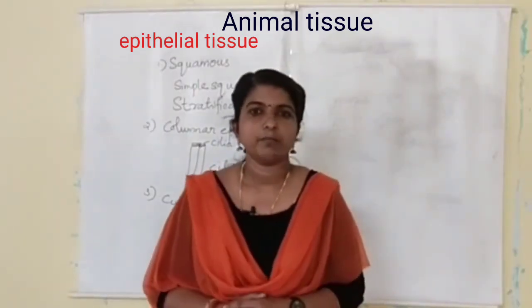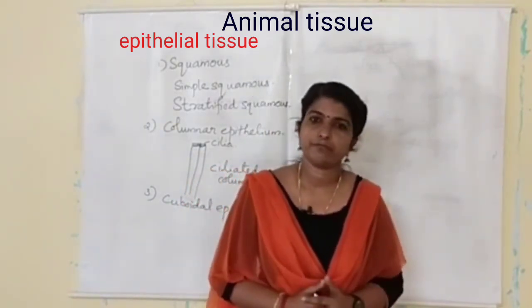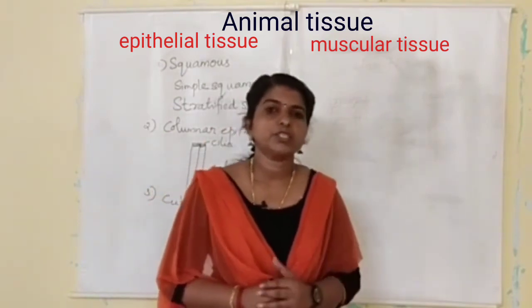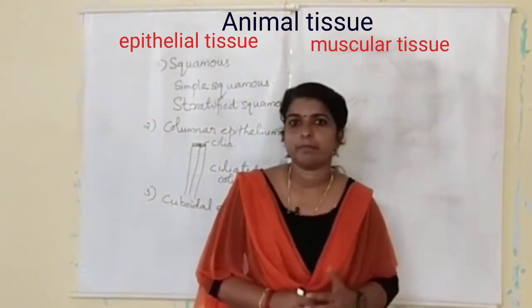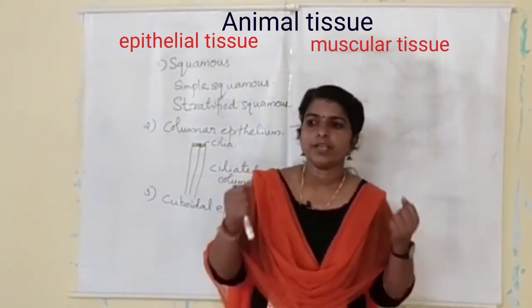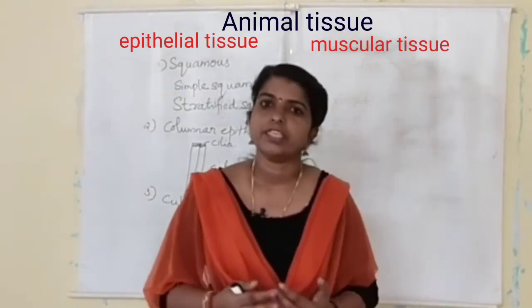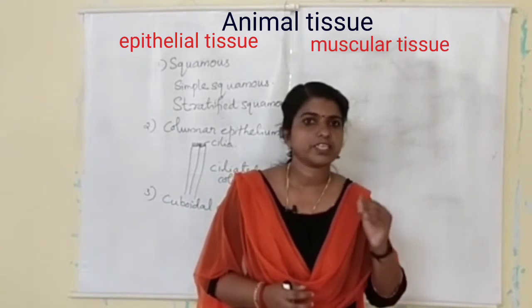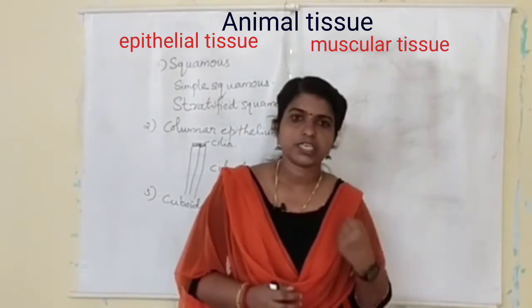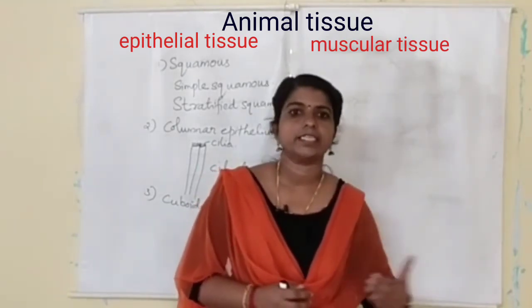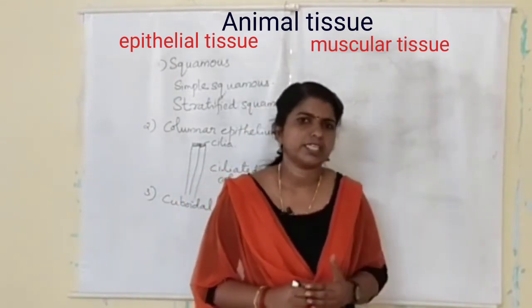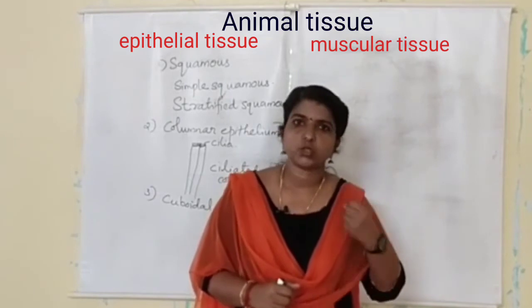Now we can move to the next type of tissue, that is muscular tissue. Muscular tissue is made up of muscle fibers. You know, we move our body with the help of muscles. Muscles contain specialized contractile proteins that contract and relax and result in the movement of the body. There are some muscles that we can control.